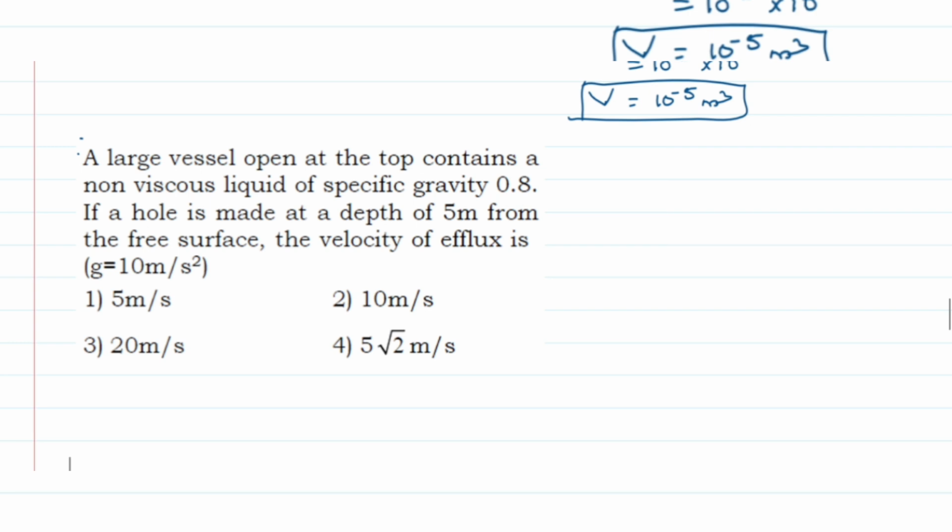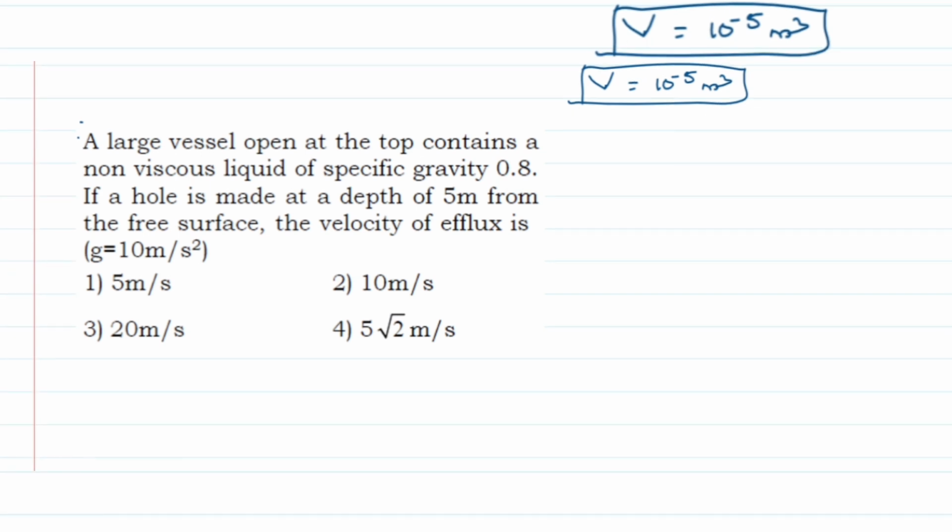A large vessel open at the top contains a non-viscous liquid of specific gravity 0.8. If the hole is made at a depth of 5 meter from the free surface, the question is the velocity of efflux they are asking. A large vessel is given, open at the top, containing non-viscous liquid.